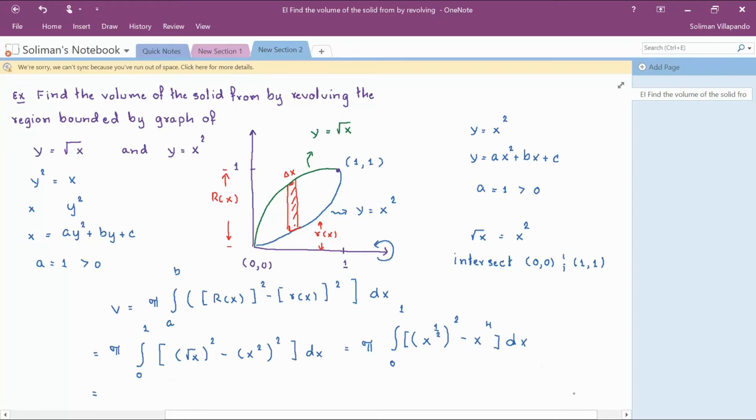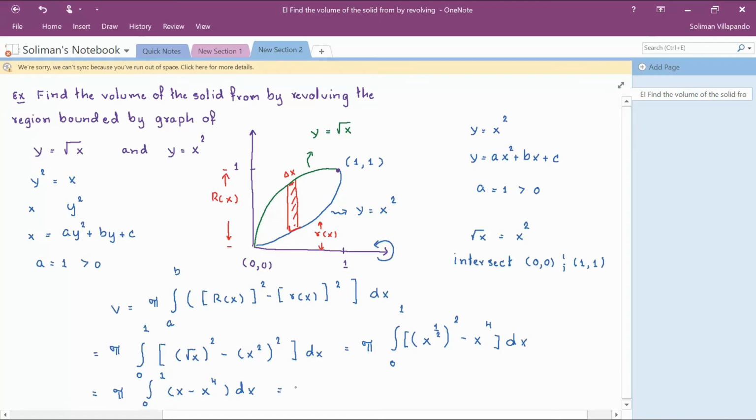Let's continue. So from here I would have pi times the integral from 0 to 1. If you simplify this, x to the 1/2 raised to the second power is just x, minus x to the 4th, dx.